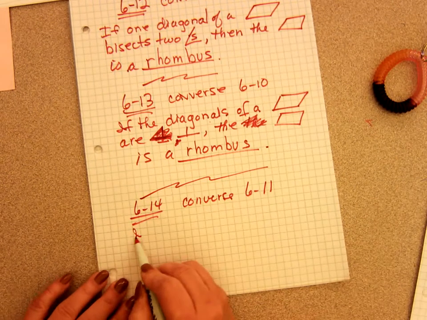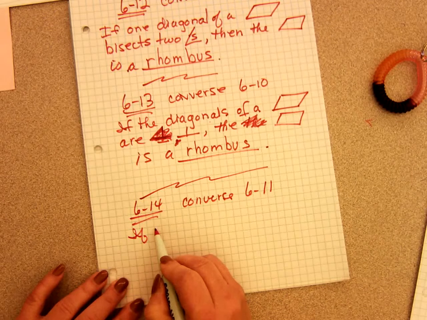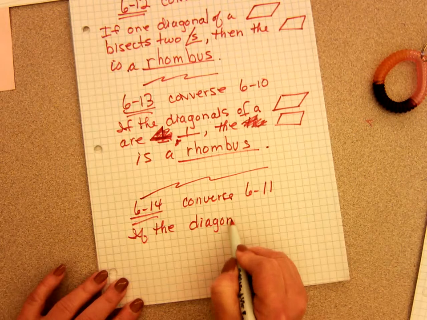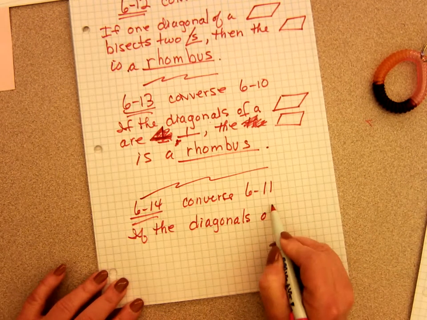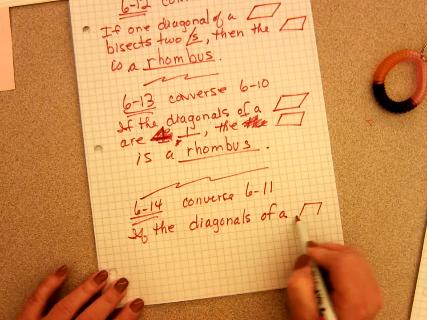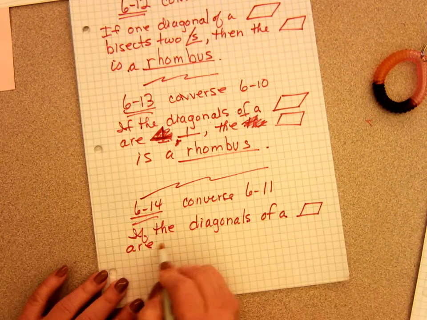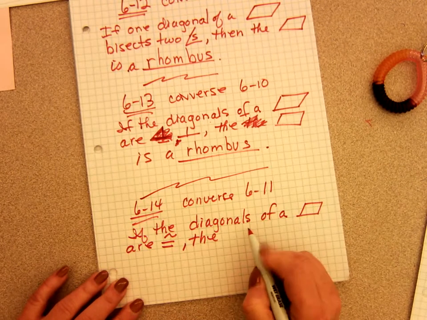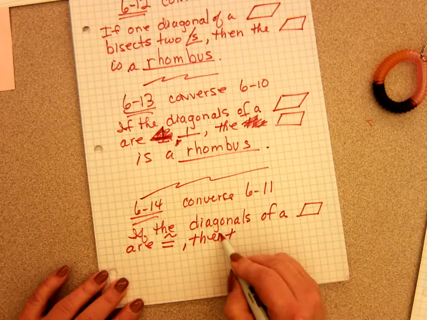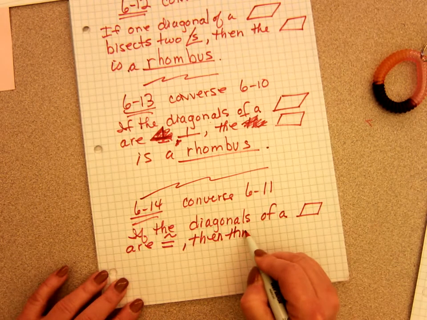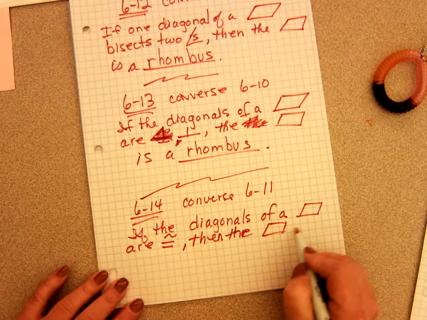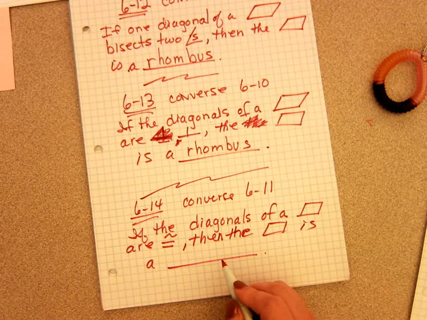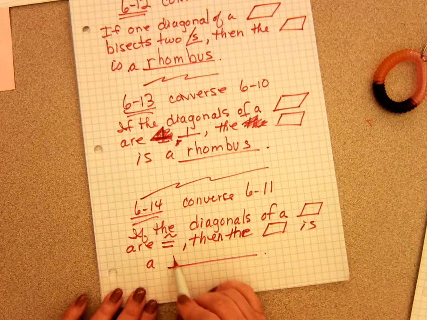And it states that if the diagonals of a parallelogram, this one, are congruent, then the parallelogram is, I think I heard it, a rectangle.